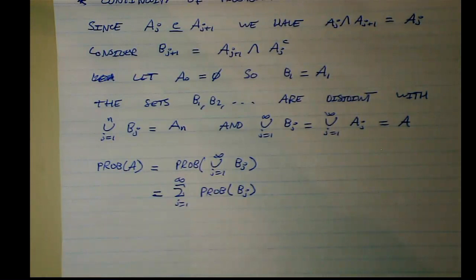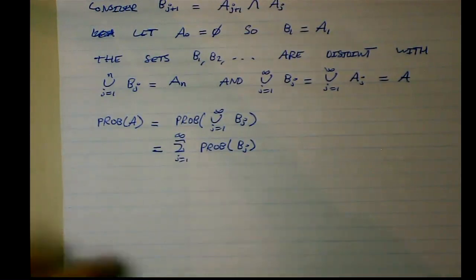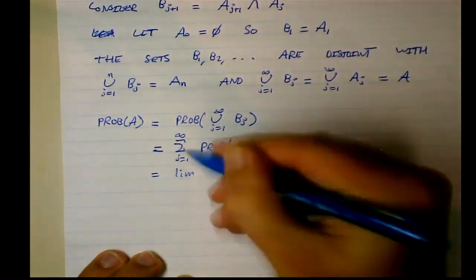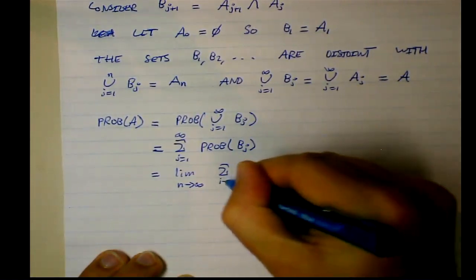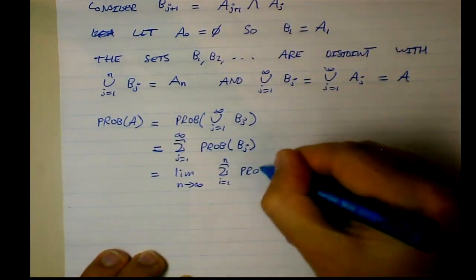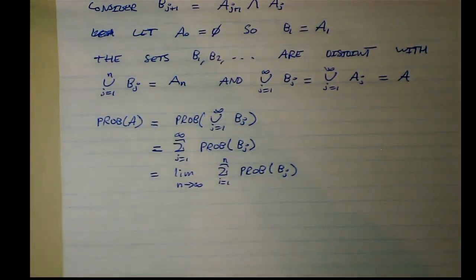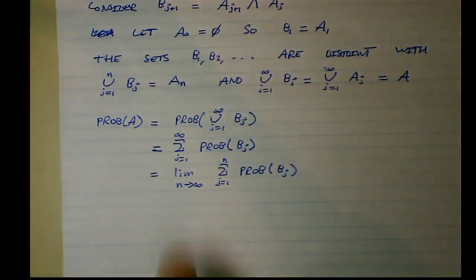Okay, now a little trick. We can always write an infinite sum as the limit of n going to infinity of the sum from j equals 1 to n of the probability of Bj. So instead of writing the sum j equals 1 to infinity, I just write the sum j equals 1 to n, and then I take the limit of n to infinity. Same thing.